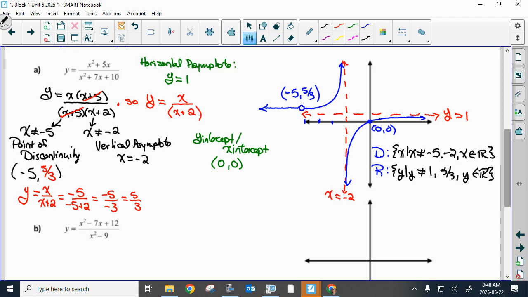The detail people miss, they miss the horizontal asymptote and the y value of the point of discontinuity for the range. That's where people lose part marks on this question.